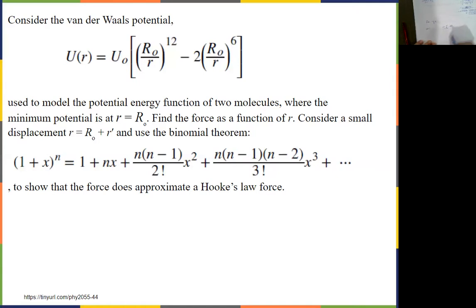Just use that as the variable. And then for the force, if you remember, it should be minus dU over dr, or in this case, let's do x. Okay, in terms of x, over here.